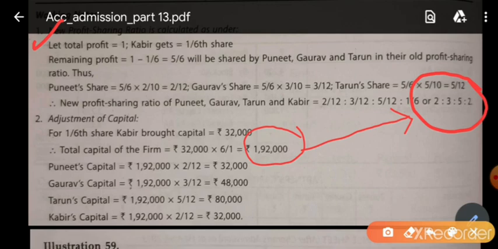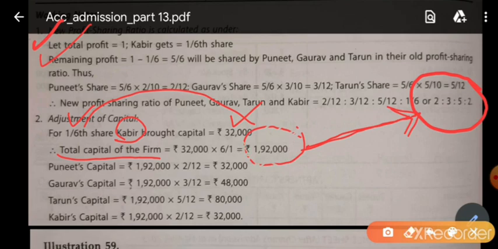First of all, calculate the new ratio correctly and then calculate the total capital of the firm on the basis of the new partner. So the new partner has brought 32 and his profit share was 1/6. So 32 multiplied by 6/1 will give you the total capital, and the total capital should be divided between all the partners in the new ratio. This is the calculation. It is written here.